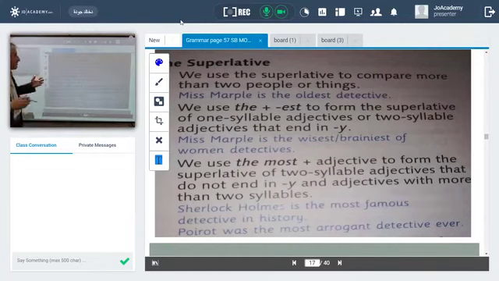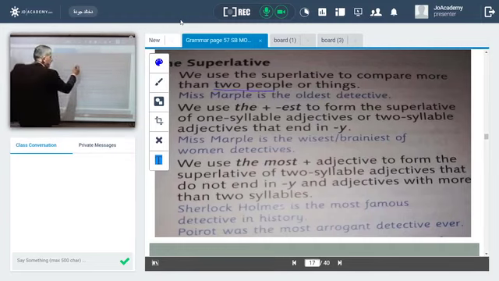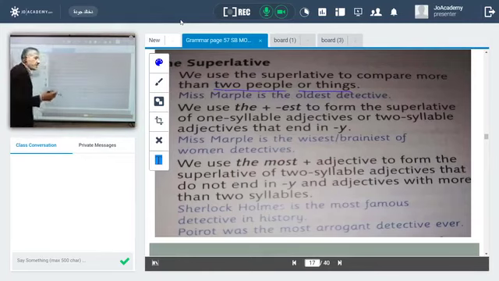So superlative can be between more than two persons, and it's open. Here we use the superlative to compare more than two people or two things. If I am comparing between two people or two things, I will use the comparative. Miss Marple is the oldest detective.